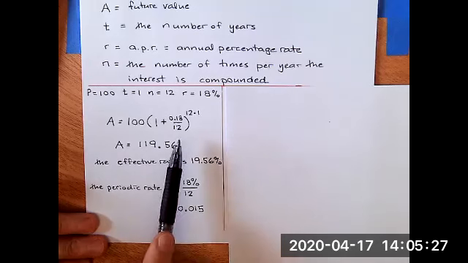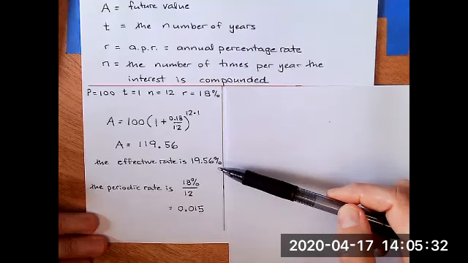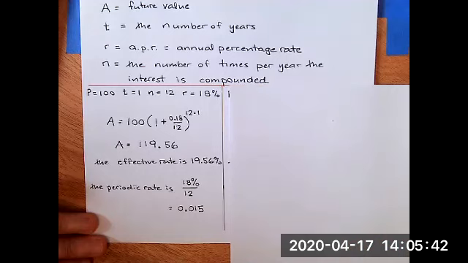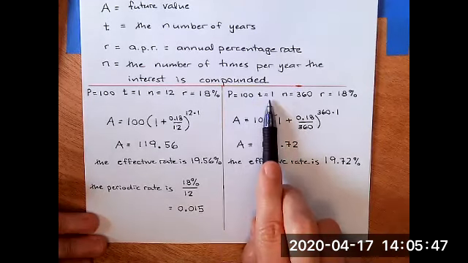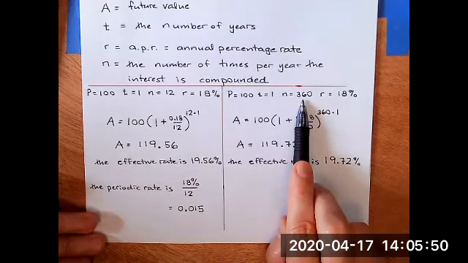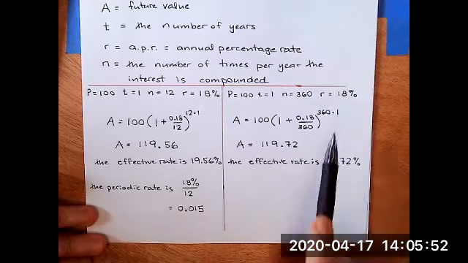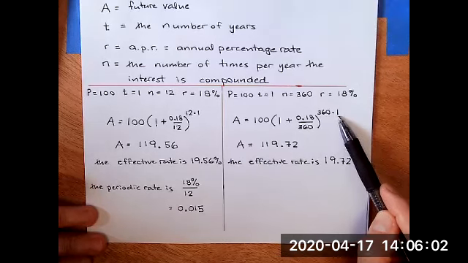Now you would think if the interest was compounded more often, you'll get a lot more money. Well, let's find out. When banks compound the interest daily, they use the number of days per year as 360. So if we do the same example with the initial amount of $100 for 1 year, 360 days at the same interest rate, my periodic rate is 18% divided by 360, and the number of periods is 360.